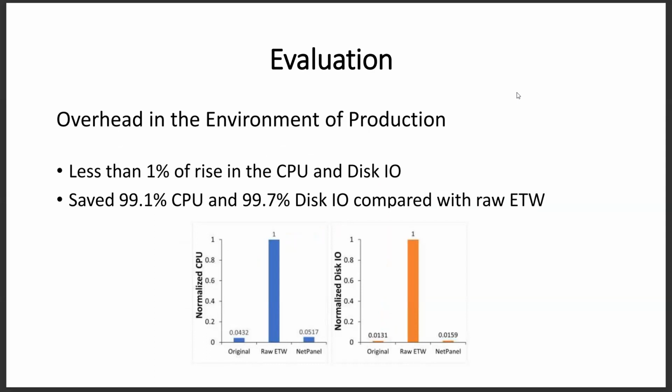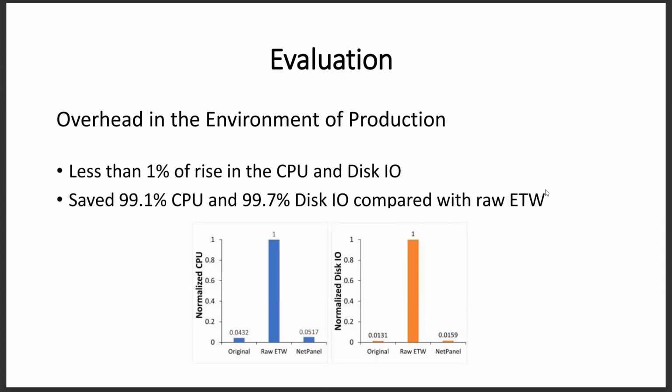So here, this figure shows the evaluation of NetPanel's performance in the production environment, where it serves customer requests with strict resource restrictions. The focus here is basically on measuring the overhead that is introduced by the ETW collector, which is responsible for gathering the network data.